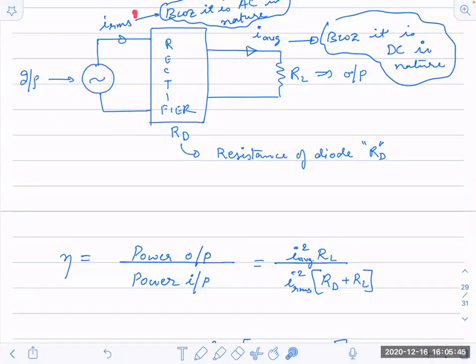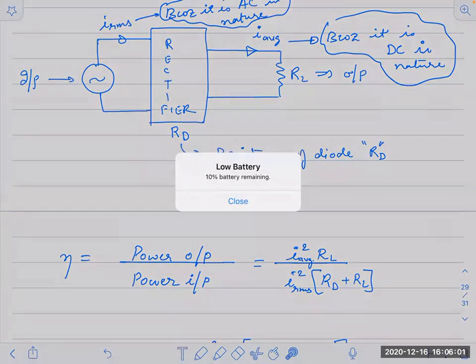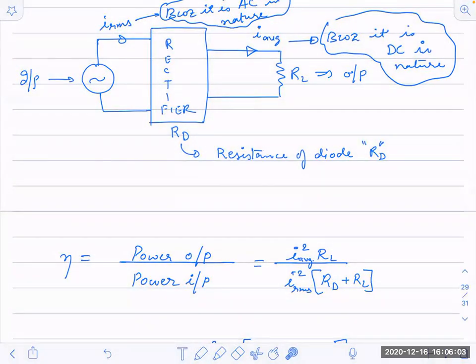I would have told you in the alternating current chapter that whenever any bulb or device is labeled 220 volt and this much current, whatever is written, this is the RMS voltage. So this is I RMS, the RMS current, through RD plus RL.